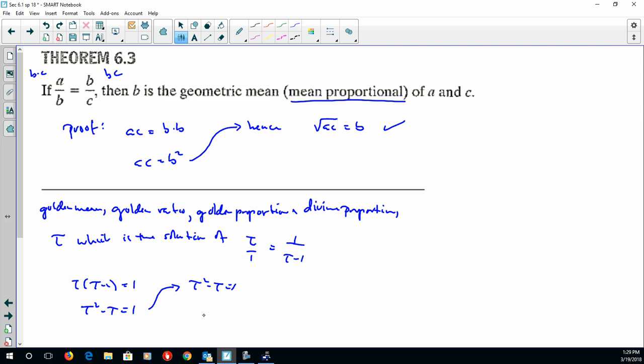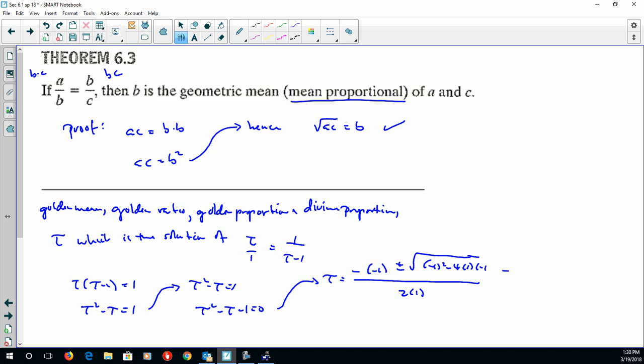Quadratic formula says tau equals negative b, plus or minus the square root of b squared minus 4 times a times c, all over 2 times a. This is 1 plus 4. So it's 1 plus or minus the square root of 5 over 2.